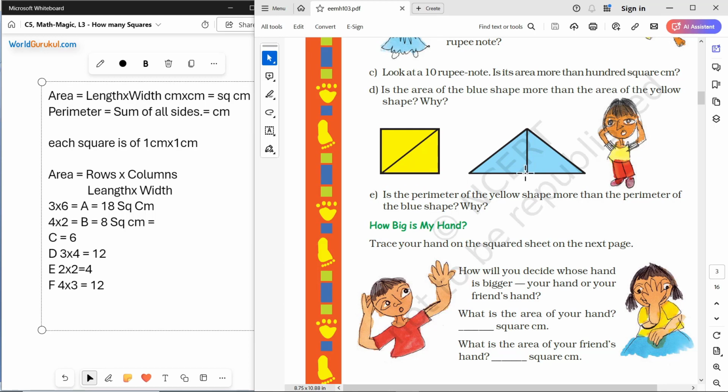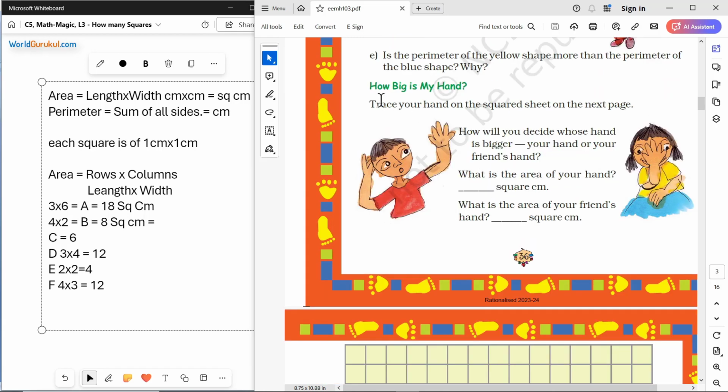So in that case, the sum of all the sides is going to be more than 4 centimeter. So the answer is the blue shape has more perimeter, the reason being that it has more length but the same height as that of the square.